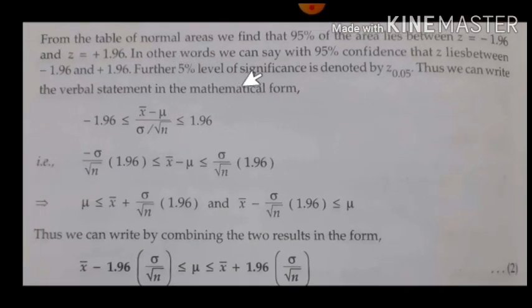Further, the 5% level of significance we denote as z suffix 0.05. Mathematically we say that the standard normal variate z, defined as x bar minus mu by sigma by root n, lies with 95% confidence between minus 1.96 and plus 1.96. This is the standard z value at 95% that you get in the normal distribution table.